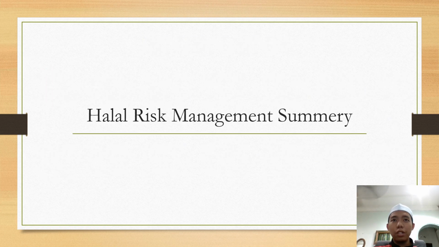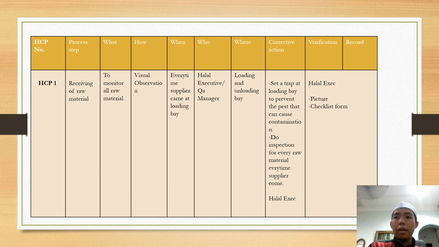So we go to the halal risk management summary. For the management summary, we have HCP1, which happens at the receiving of raw material process. Because the HCP happens at this process, how to monitor it? We need to monitor all raw material, especially the halal executive. The halal executive needs to monitor all the raw material. How does he do it?